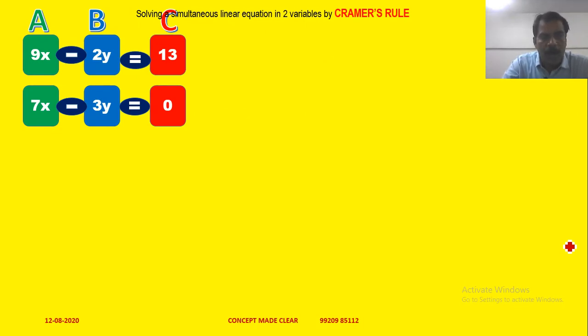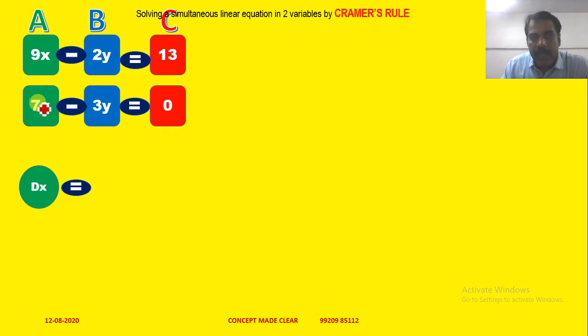In order to find the value of dx, we have to find the determinant of x. And in order to find the determinant of x, what do we have to do? We have to jump in an alternate way. Alternate way means that while calculating the value of x, we have to jump to C. That means we cannot consider column B or y in the beginning.